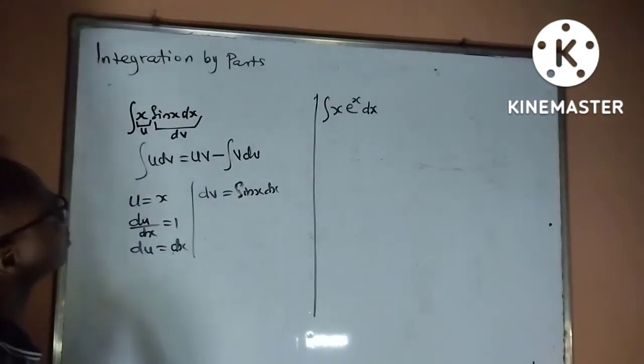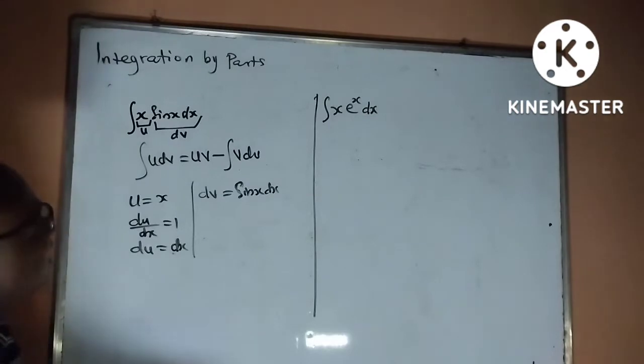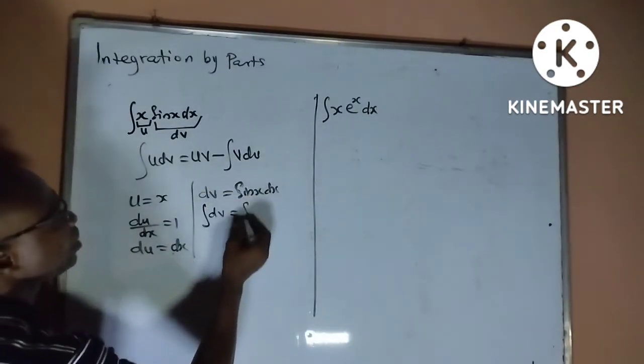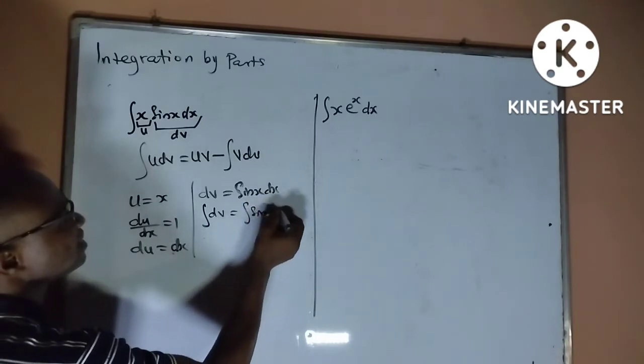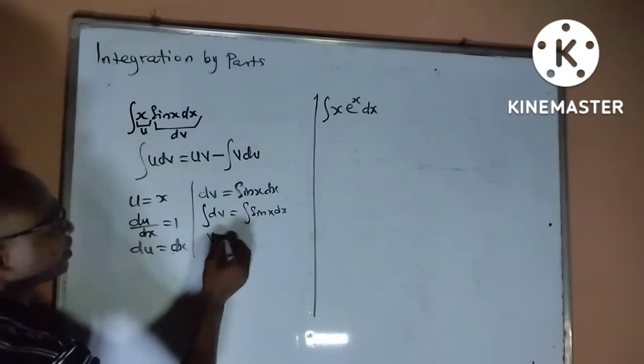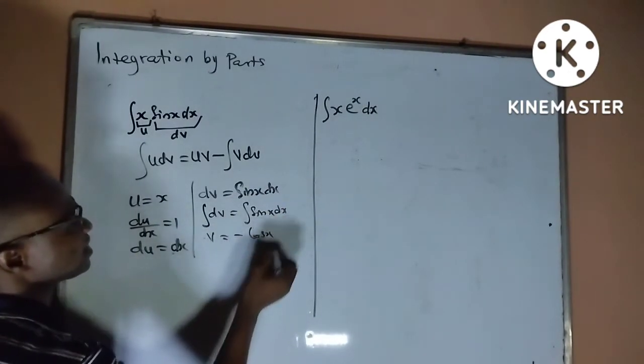What I will do to get this v is to integrate dv. And that means the integral of dv is equal to the integral of sine x dx. When I integrate dv, I get v. And when I integrate sine x, I'll get minus cos x.